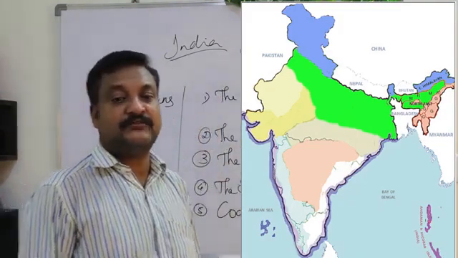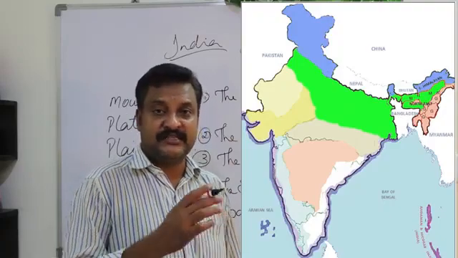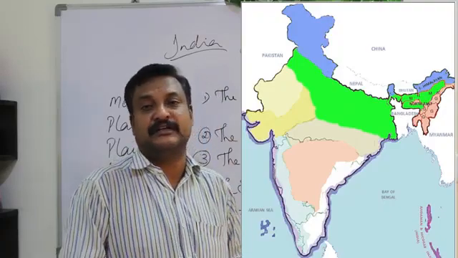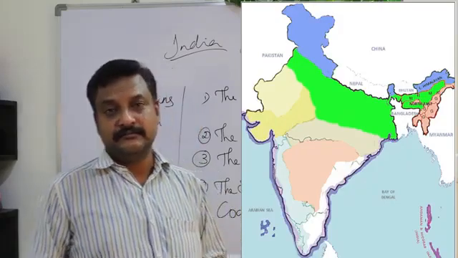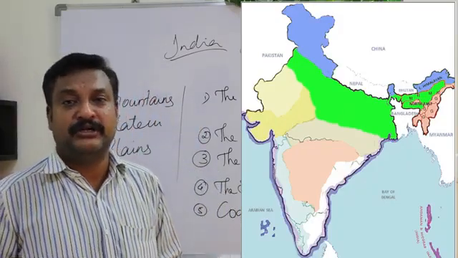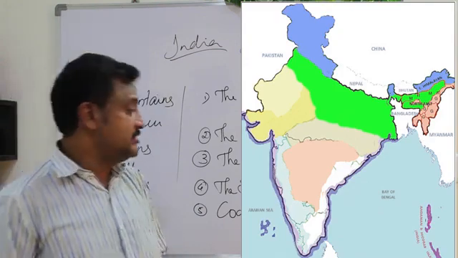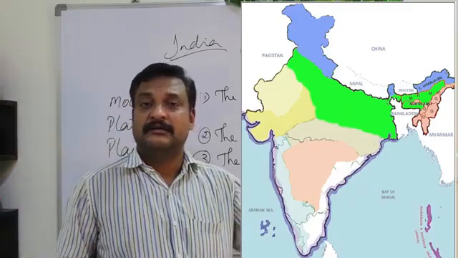So what is the length of the total coastline of India? You can see in the map, it's colored differently there. The coastline is 7,500 kilometers long.